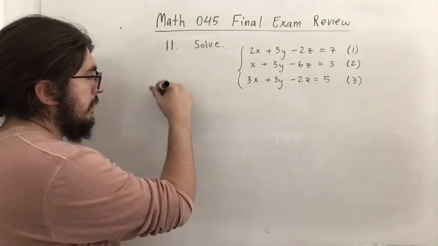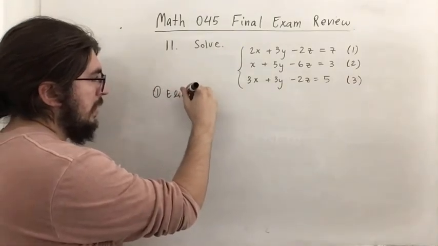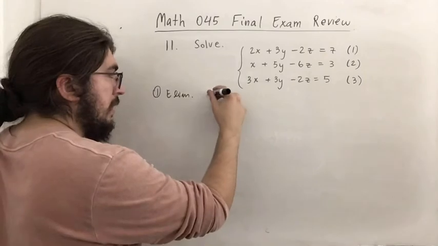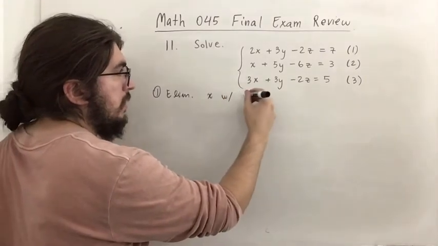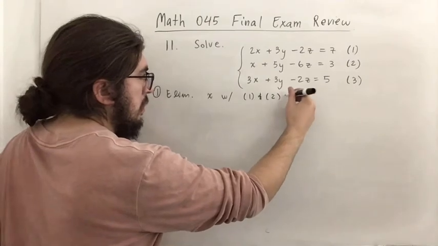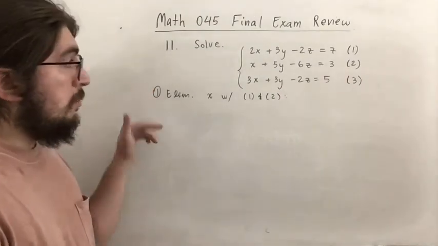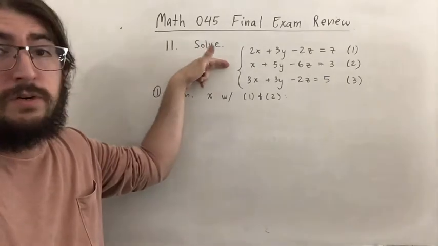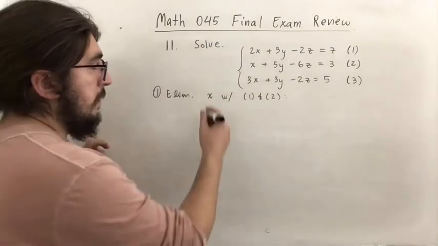So the first step here in my process is to eliminate x 2 different ways. So I'm going to eliminate x with equations 1 and 2 first. I'm going to do that by multiplying equation 2 by negative 2, so I can cancel that 2x from equation 1.